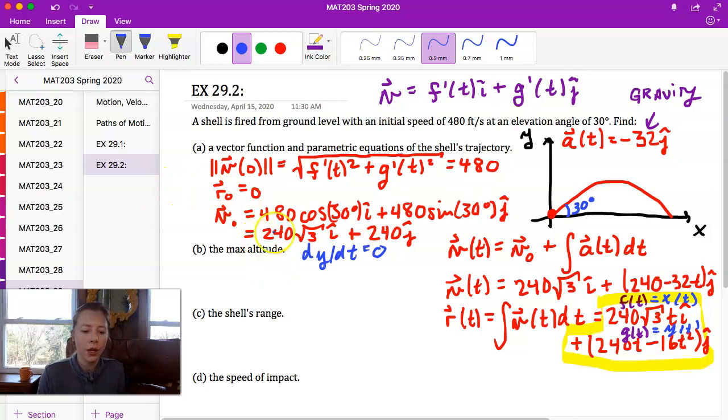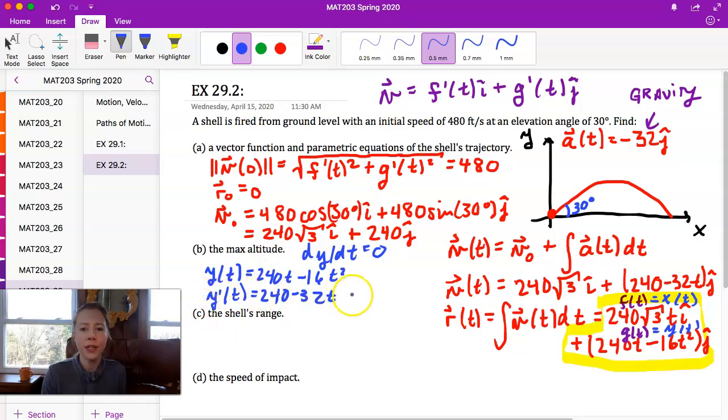So if we look at our y of t, that is going to be 240t minus 16t squared. If we look at our derivative, y prime of t, dy/dt, that is going to be 240 minus 32t.